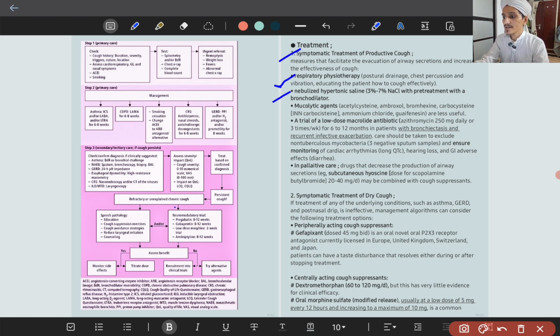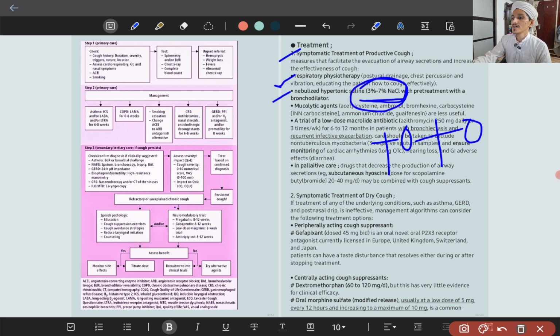Nebulized hypertonic saline will break the bonds in the mucus, it will thin the mucus, it is bactericidal also, it will hydrate the patient, and it will induce the cough also. So it is very good, and it is a very evidence-based treatment nowadays for symptomatic treatment of productive cough.